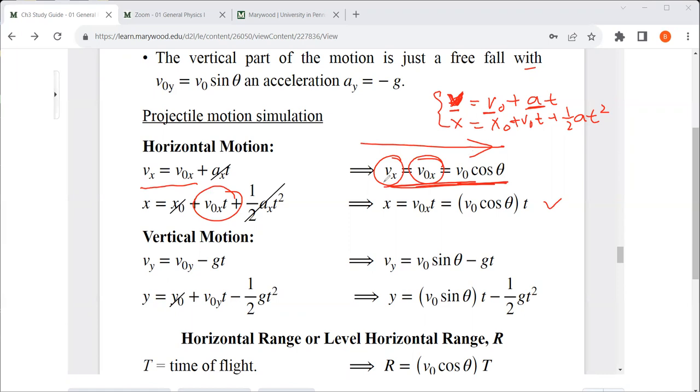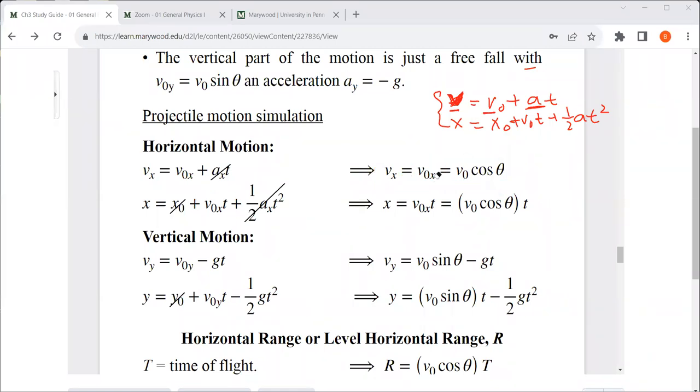It's always equal to the initial velocity, and that makes sense because there is no acceleration along this direction, so there is no change in the velocity, because you know that acceleration is the rate of change of the velocity. Because the acceleration is equal to 0, the velocity remains constant. All right, so that's about the horizontal motion.